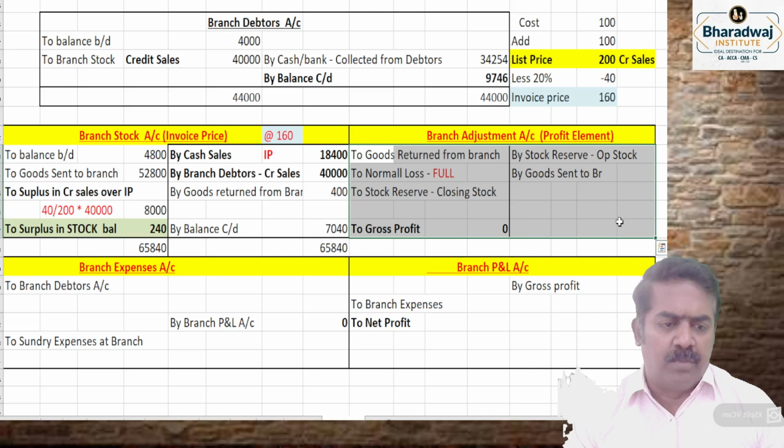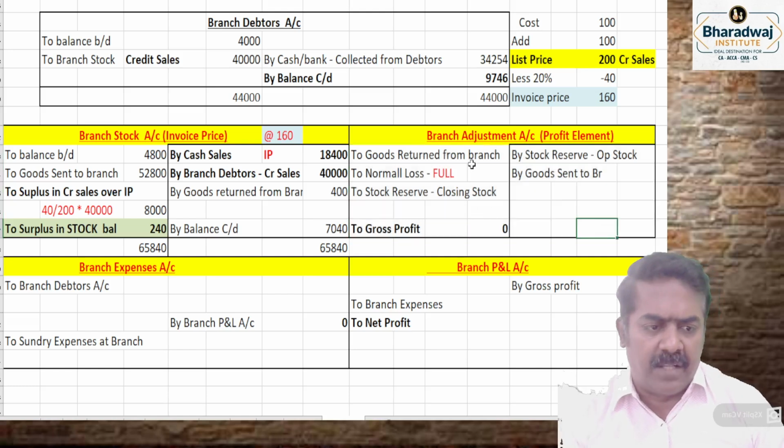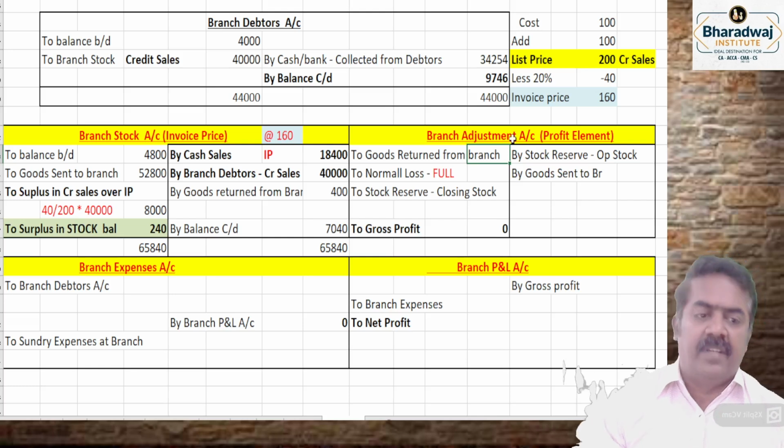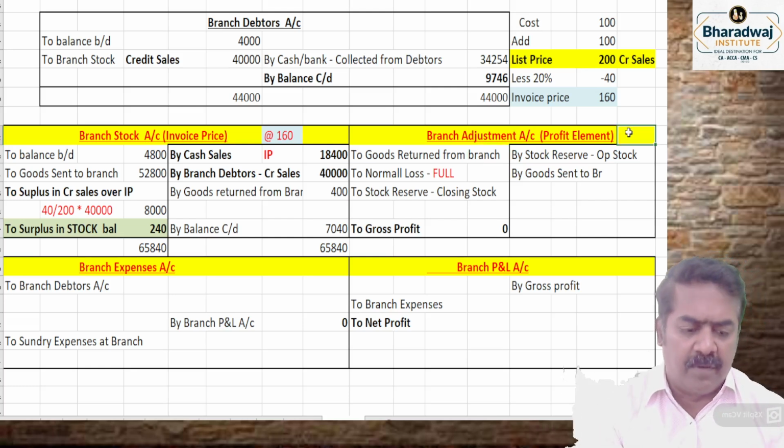When preparing the branch adjustment account, pay attention. Branch adjustment account, goods received from branch. How will you work out goods received from branch? How will you remove the profit element? 100 by 160. How 100 by 160?